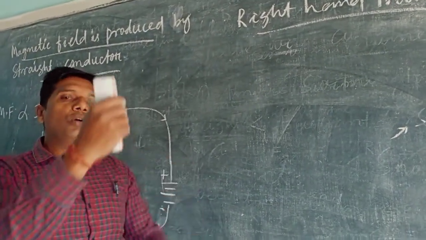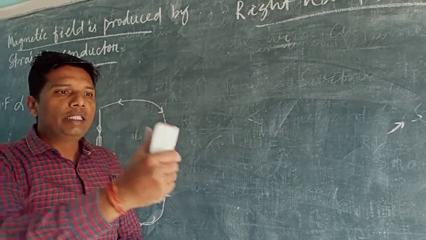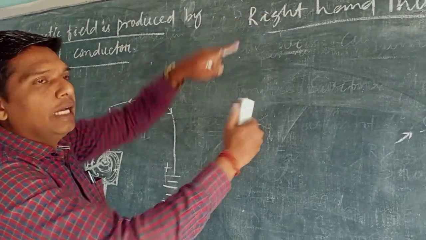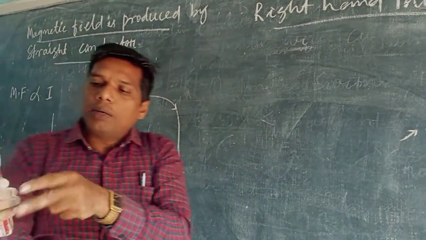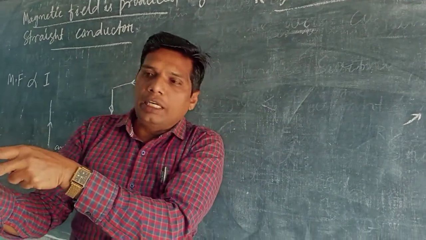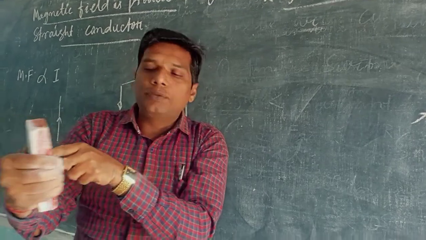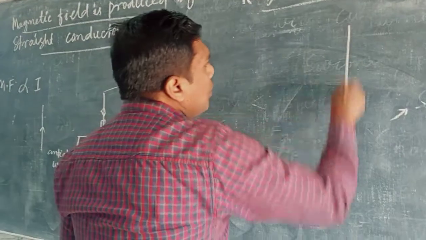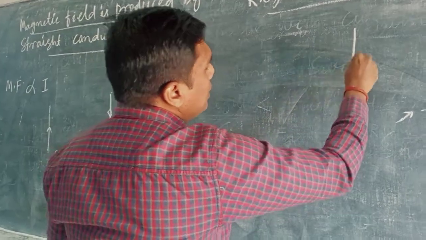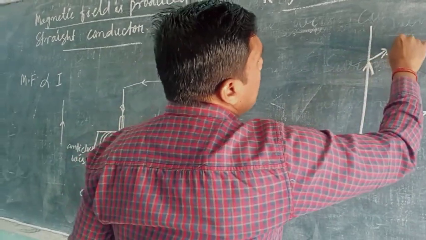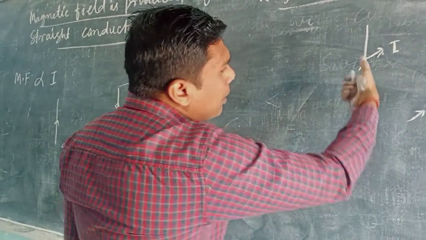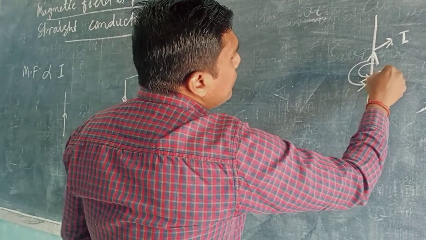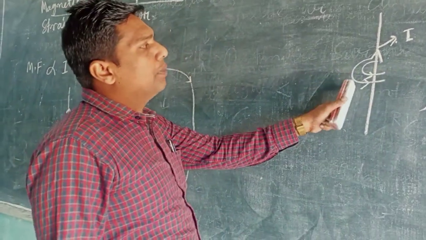When we hold one conductor, our thumb gives the direction of current, and the curve of our fingers, which curl around here, gives the direction of magnetic field lines. That means suppose this is our thumb, this gives the direction of current, then our curled fingers give the direction of the magnetic field line.